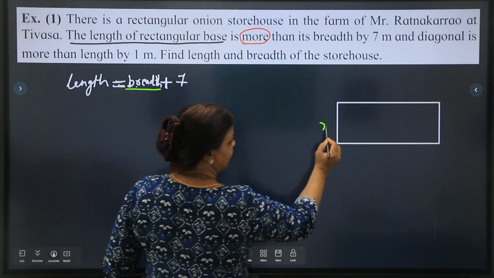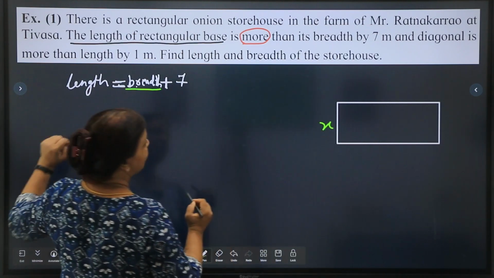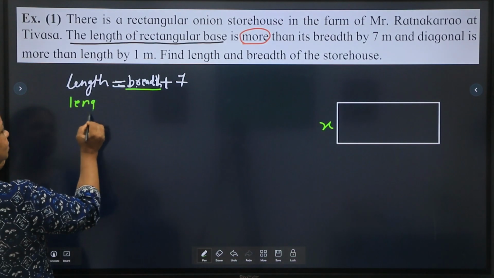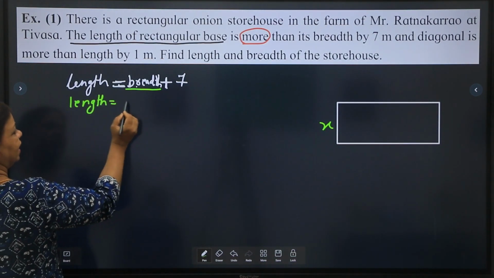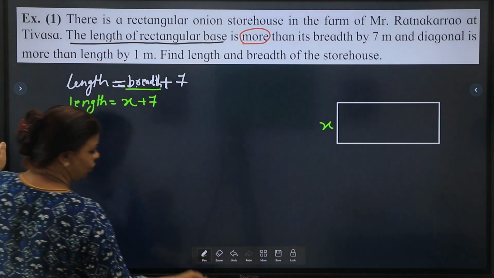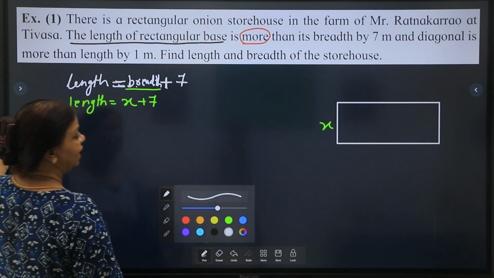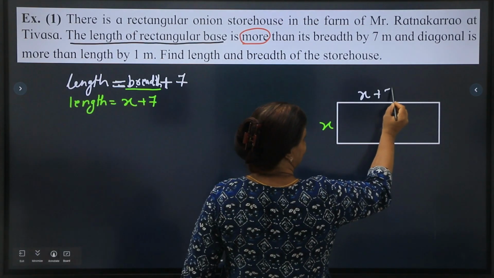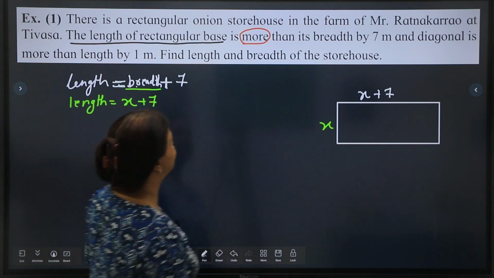So if breadth is x, then its length will become x plus 7. Clear? So we know the breadth also and we know the length also. Length is x plus 7 and its breadth is x.